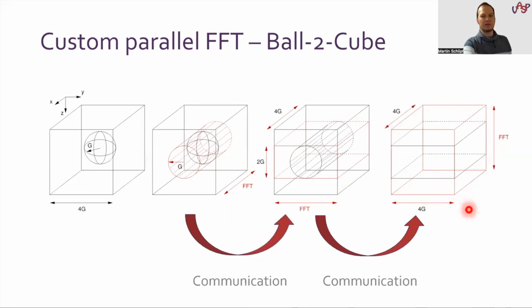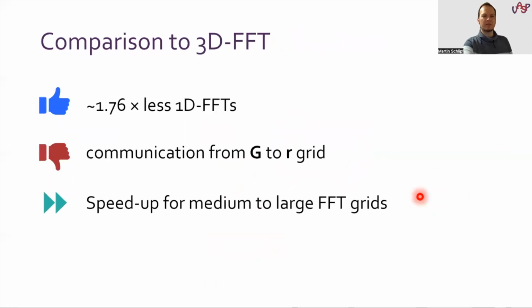And then we have it in real space, where we can, for example, compute the density and sum over all orbitals. The advantage of this custom FFT is that we use about 1.8 times fewer 1D FFTs. The disadvantage is that there is some communication involved going from this G to R grid.